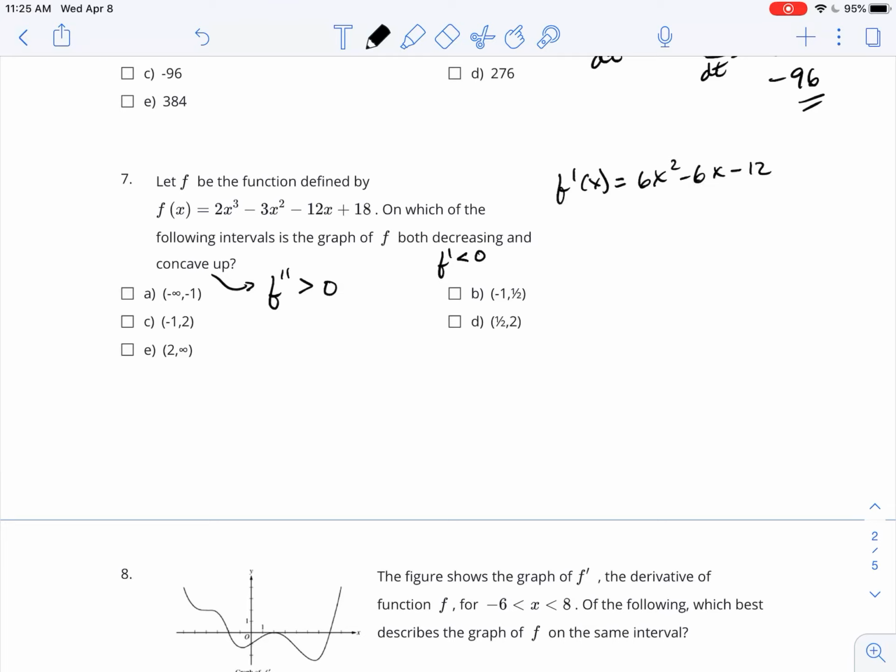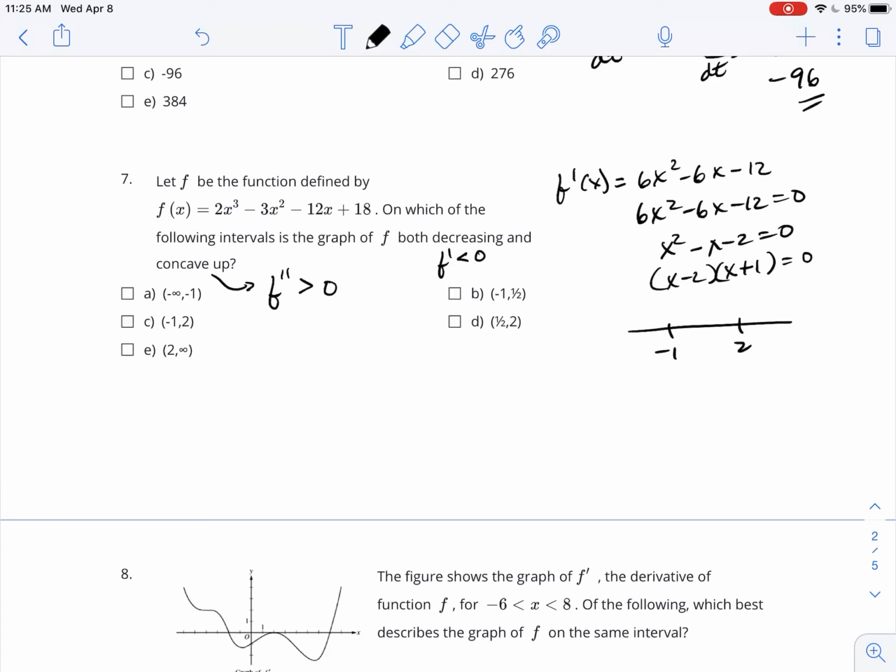So f prime of the function is 6x squared minus 6x minus 12, and if I set that equal to 0, I'm going to divide everything by 6, so I have x squared minus x minus 2, and then factor that, (x minus 2)(x plus 1).